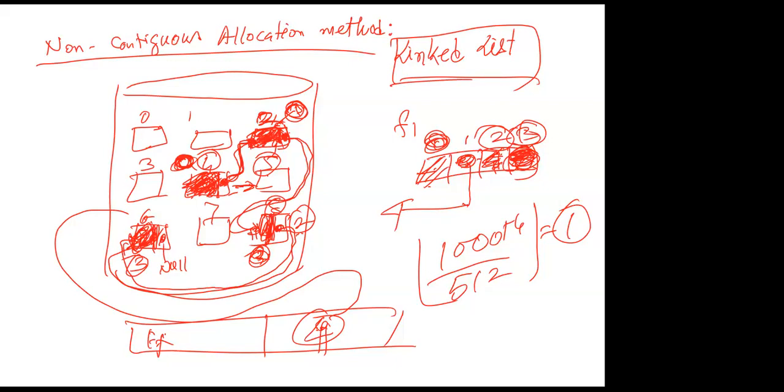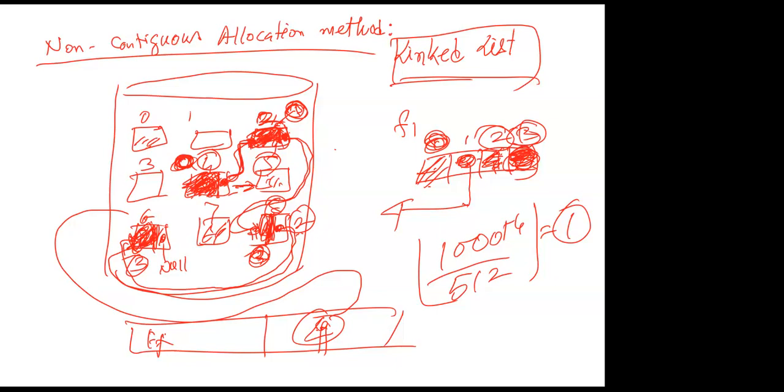There is no size declaration problem, because you can store data at any place. If you add data, wherever you find a hole, you can store it. This is non-contiguous allocation. Also, there is no external fragmentation problem.